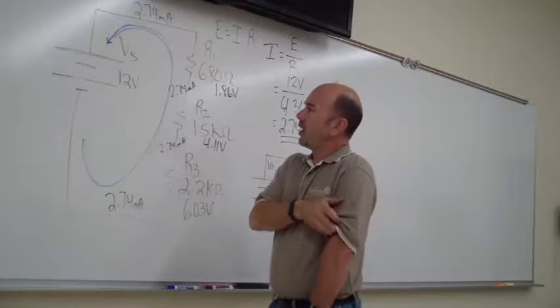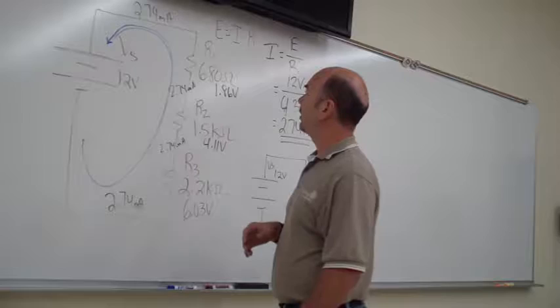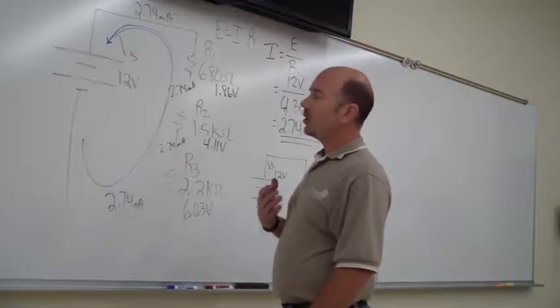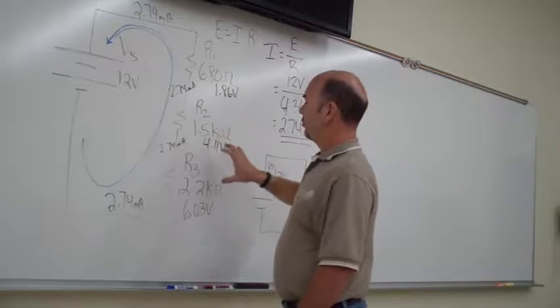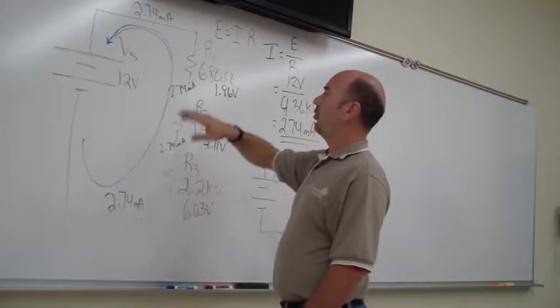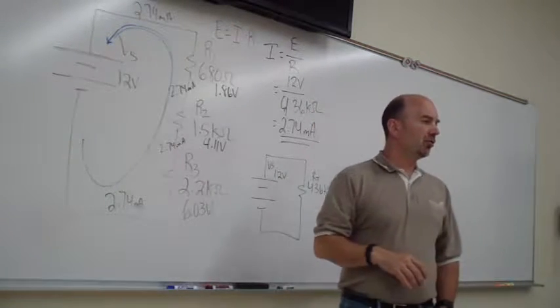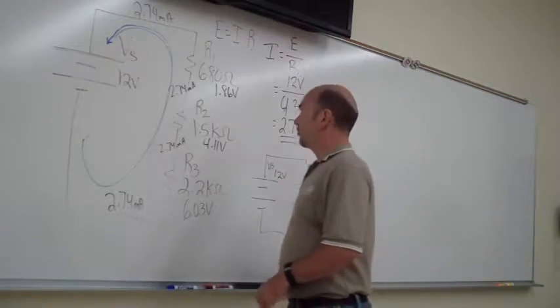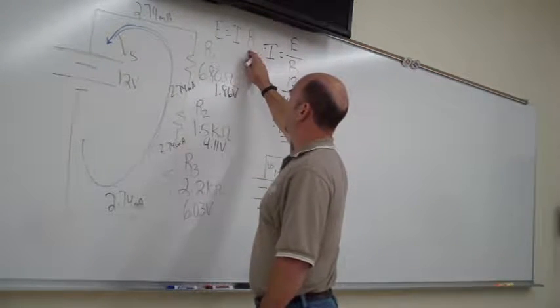Now the one thing that we haven't done yet is look at power with this. We need to find out not only the power being produced by any one of these, but the overall power being consumed. If we look at that, we can use the power, taking the voltage equal to the current times the resistance.